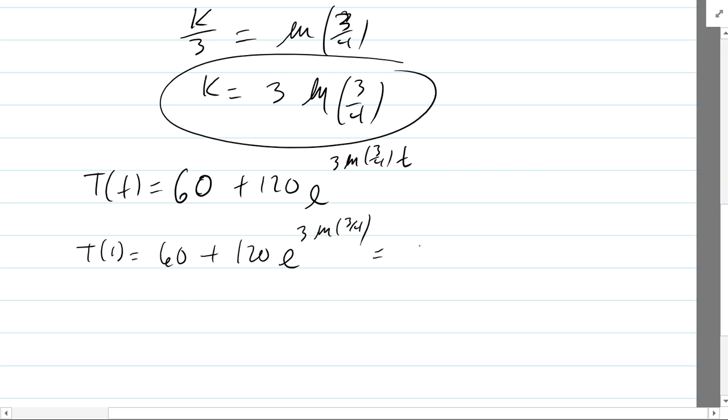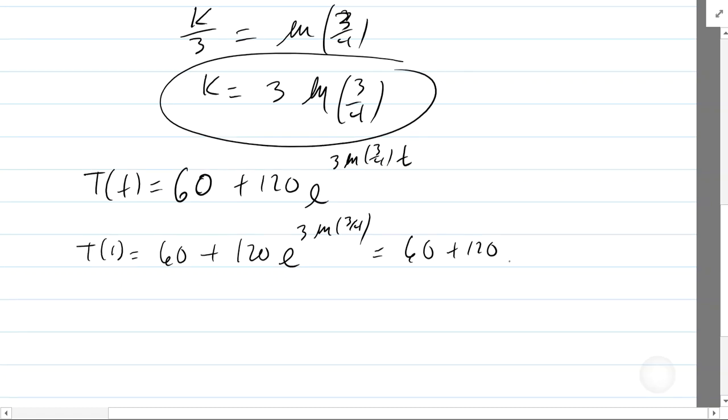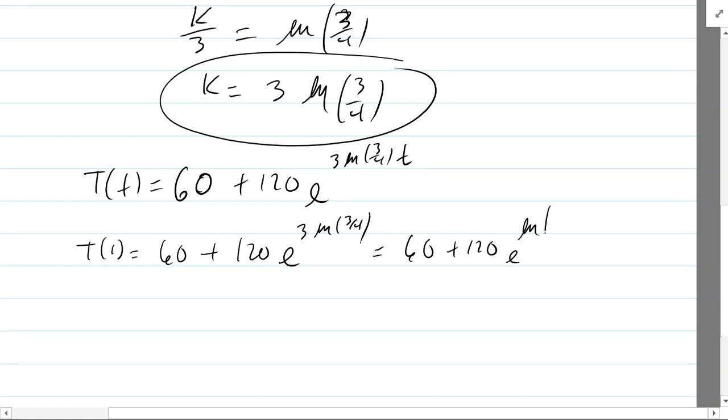And I want to show you a trick. I know that I can simplify this by moving that as a power, and then they will undo each other because I have e to the natural log of 3/4 raised to the 3 power. Those undo each other, and I get 60 plus 120 times 3/4 cubed.